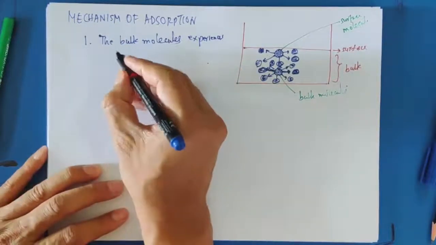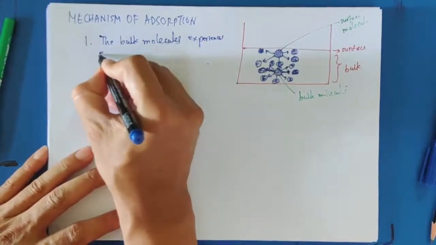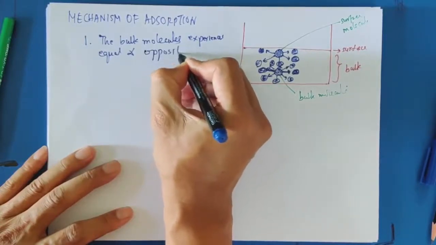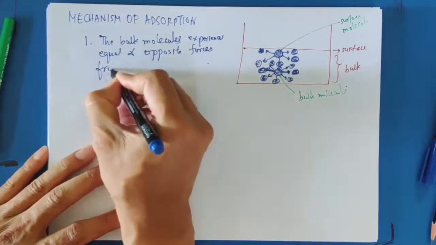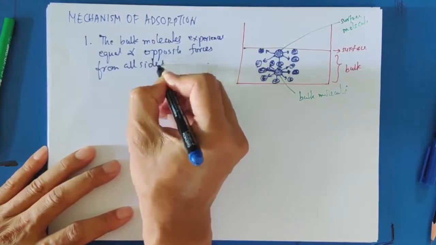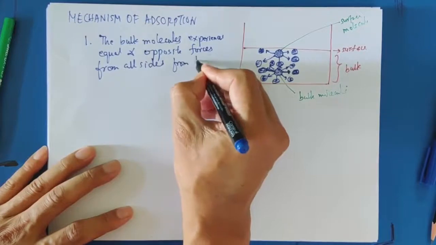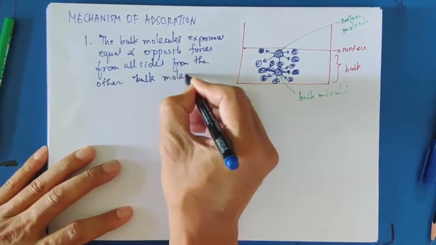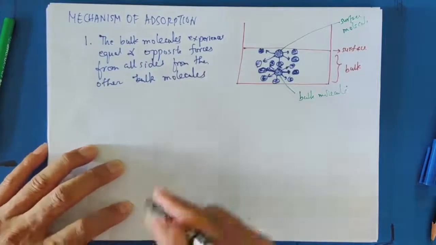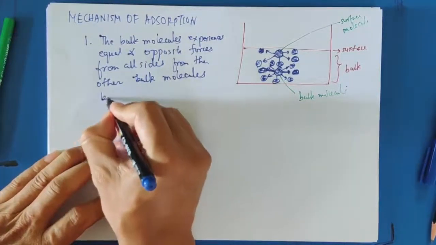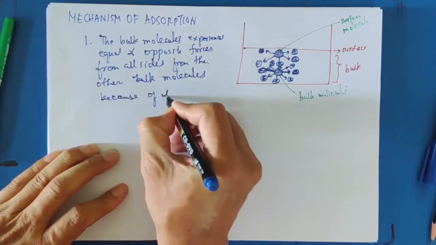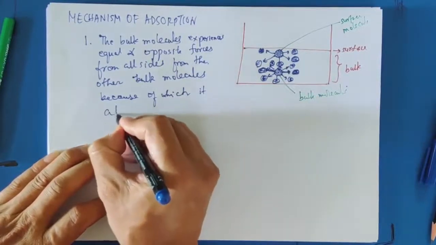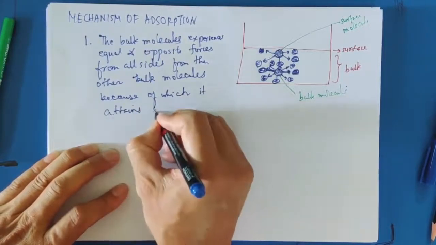So the bulk molecule experiences equal and opposite forces from all sides, from the other bulk molecules, because of which it attains stability.